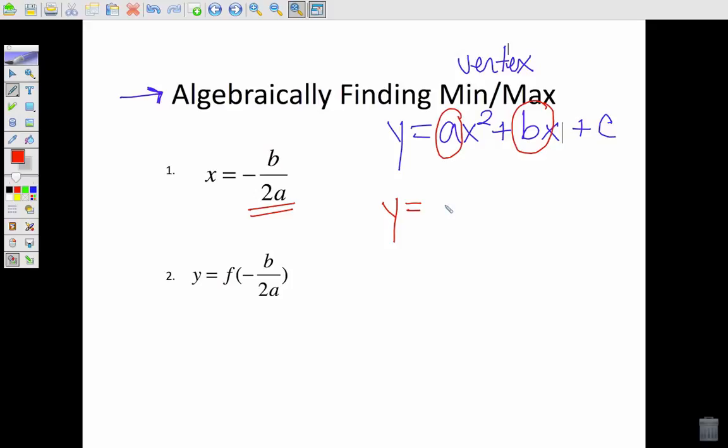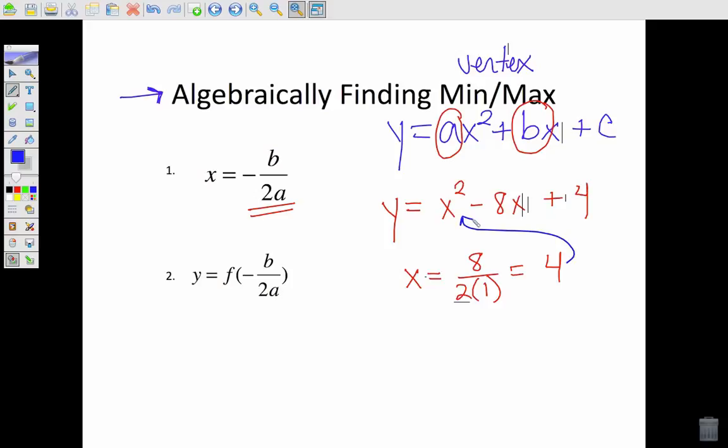Let's show you a quick example. If I've got y equals x squared minus 8x plus 4. So let's just find the vertex instead of completing the square and putting it in vertex form. So x would equal negative b, so b is negative 8, so that'd be 8 over 2 times a, which is 1. So I know that the x is 4.